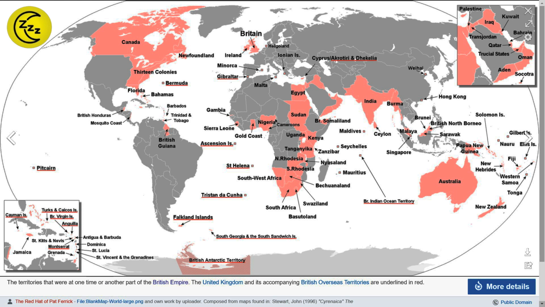Indian and Pakistani independence was followed by that of Ceylon, now Sri Lanka, and Burma in 1948. The Gold Coast became the first sub-Saharan African colony to reach independence as Ghana in 1957.